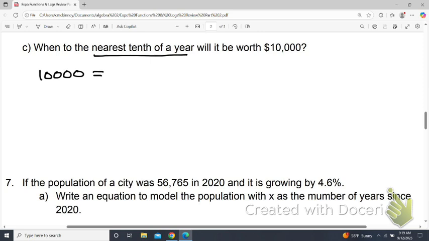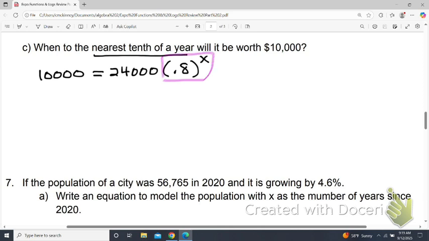So that's going to be like our ending thing. And in this case now, what we don't know is the time. That's what we're looking for. Time, years. So remember that in a situation like this, first thing we want to do is isolate the base. And remember, this is the base and this is the exponent, right?